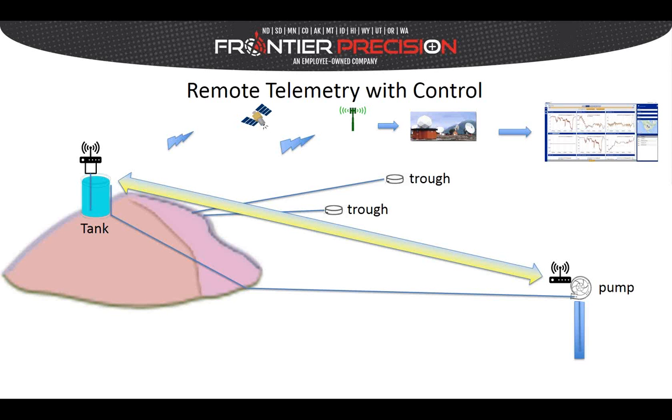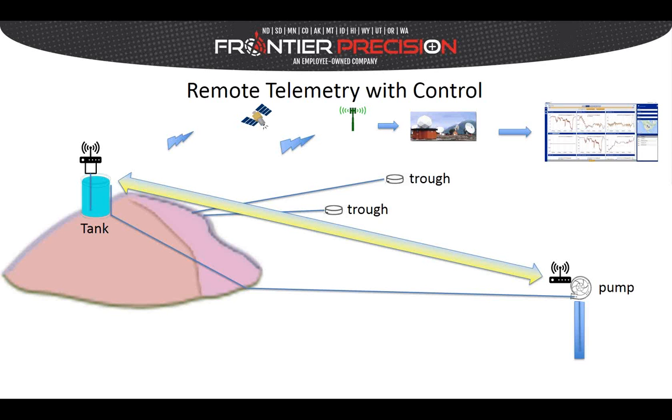The only thing that you need to have really is line of sight from the tank to the well where the pump is. So at each site, at the tank and at the pump, you have a radio in there with a little logic controller that has set points on it.